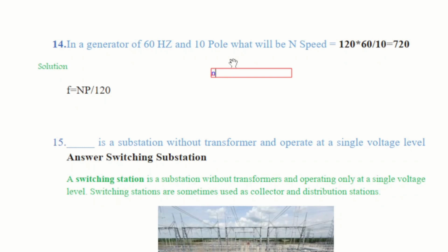We can say N is equal to F into 120 divided by P, poles. We just put in the values given to us. Speed is required, frequency is 60, so 60 multiplied by 120 and divided by 10, you will get the answer 720 in this way.